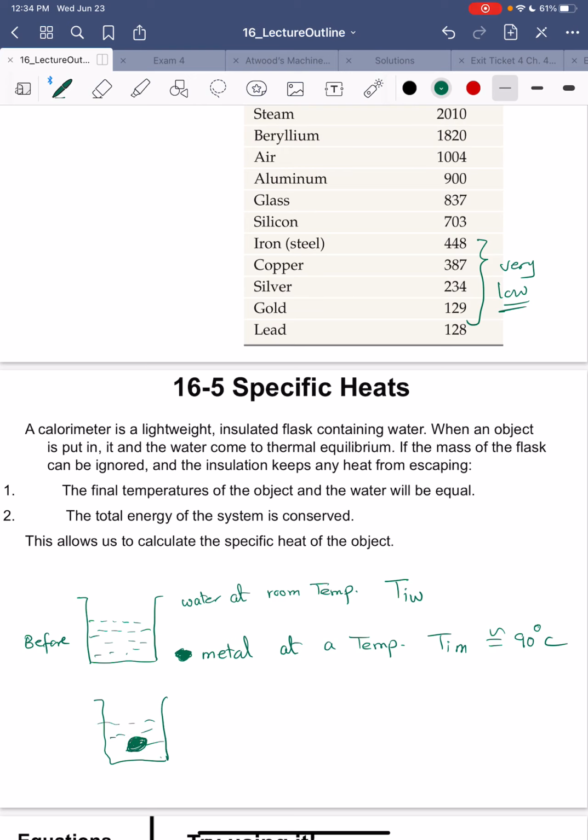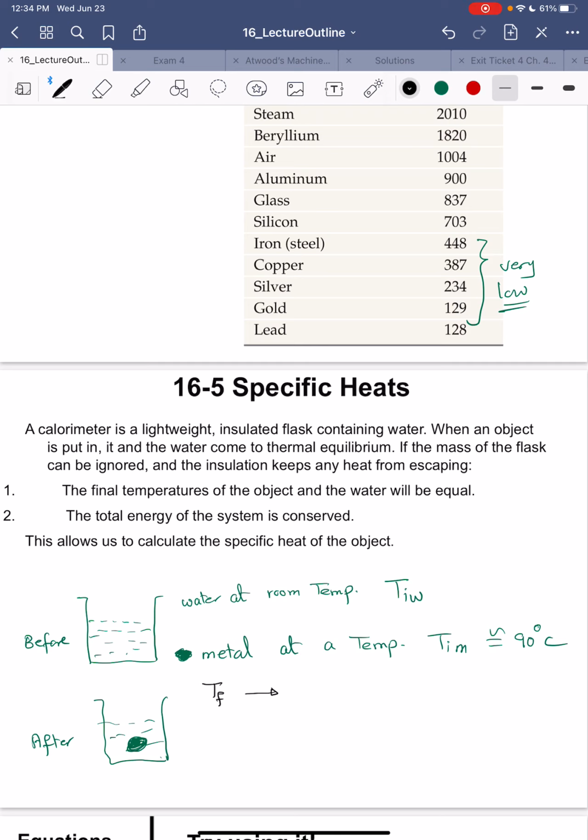If I neglect the calorimeter, since I said the calorimeter is lightweight, here I will say after. Now my object, the metal, is going to lose heat, and the water is going to gain the heat, until they reach a temperature I can call T final.